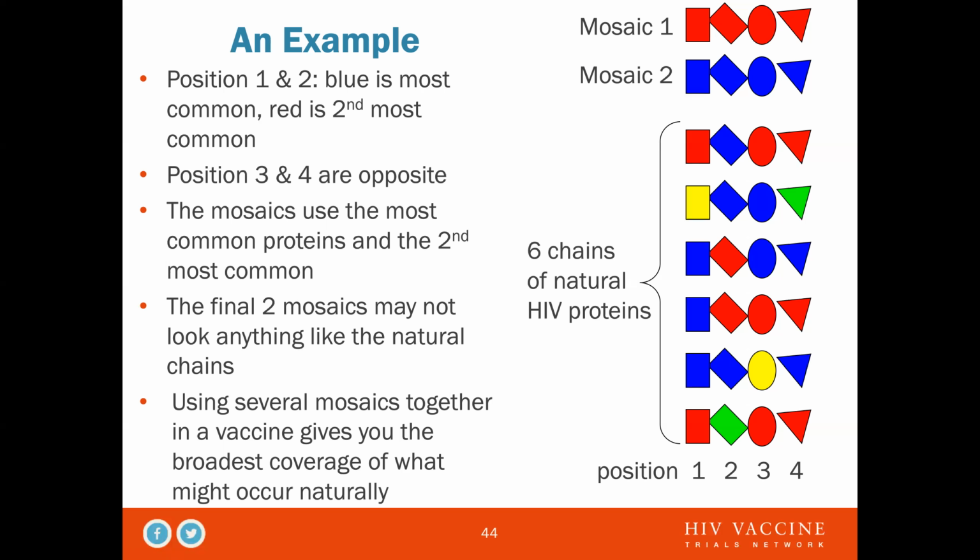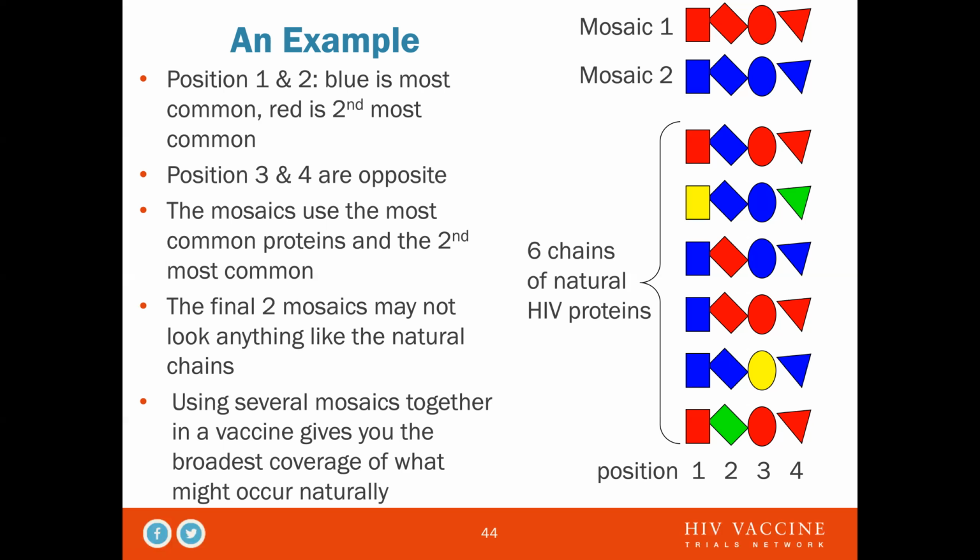Using this technique, the mosaic can teach the body's immune system to recognize and respond to the proteins that are most likely to be encountered in a natural HIV infection. And they will look like their proper shape, just as the body would be exposed to in a natural infection.